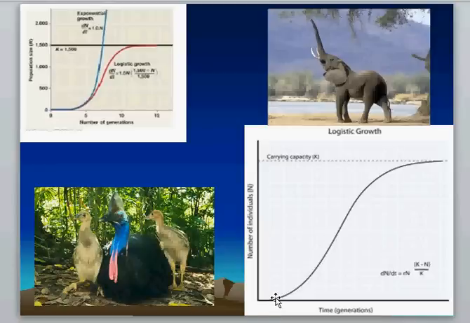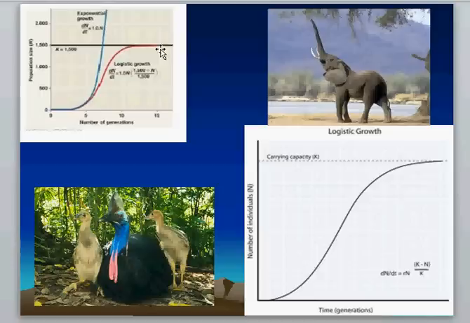But unlike the density independent, once a certain critical density is reached, the population growth begins to slow, and eventually it stops at around or just underneath the carrying capacity for that species in the environment.